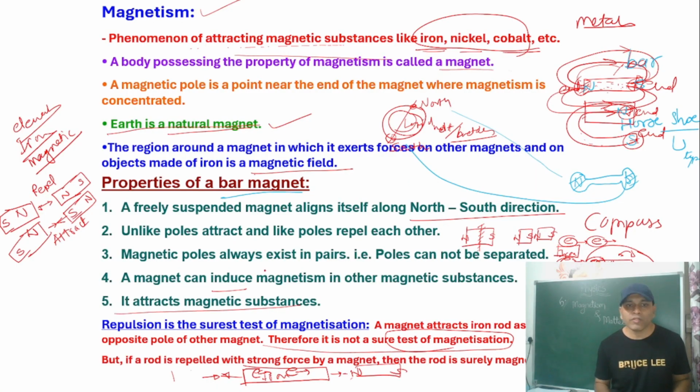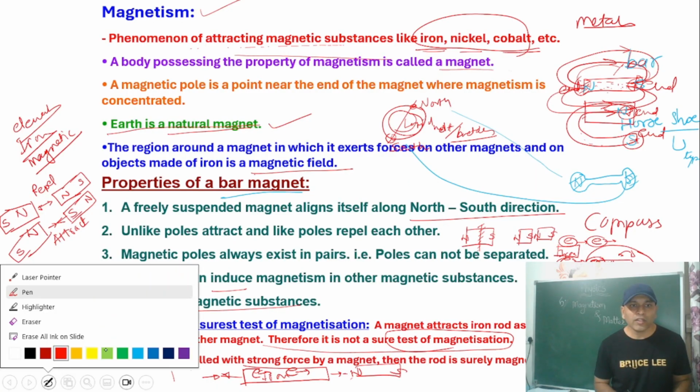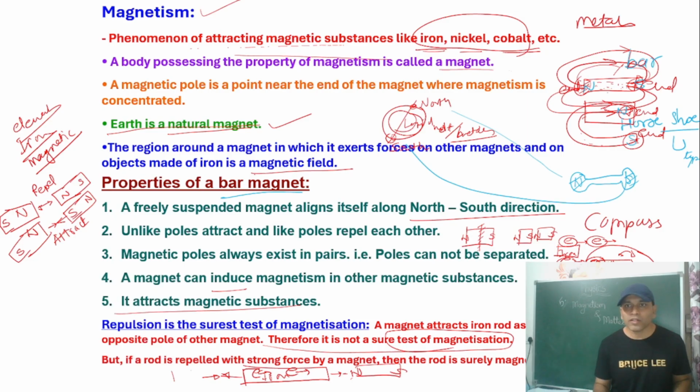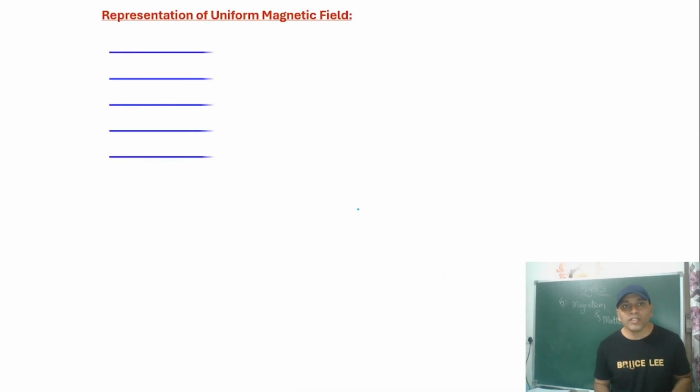Here we can see that these arrows are directed, so on this diagram we will say that this is a uniform direction. So, a uniform field on the plane of the diagram.